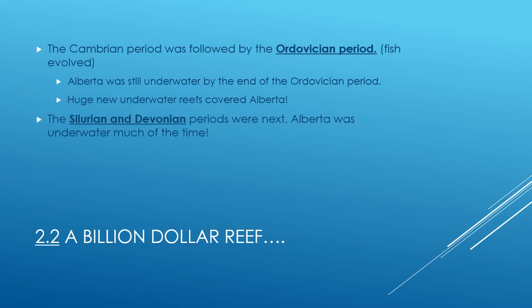Now, in the Silurian and Devonian periods, Alberta was still underwater, which is great because it's just collecting this massive amount of carbon. And all this life was living, dying, getting covered up, and adding a lot to our current future. And so now aquatic plant life started.